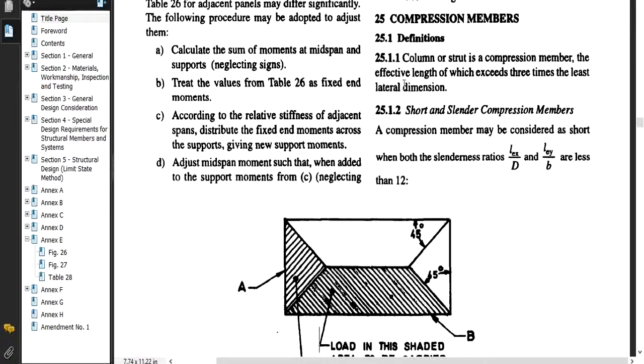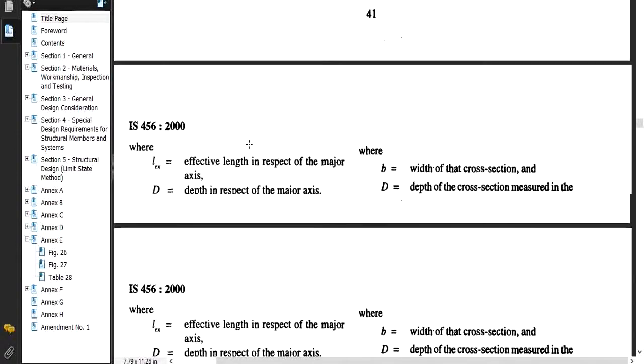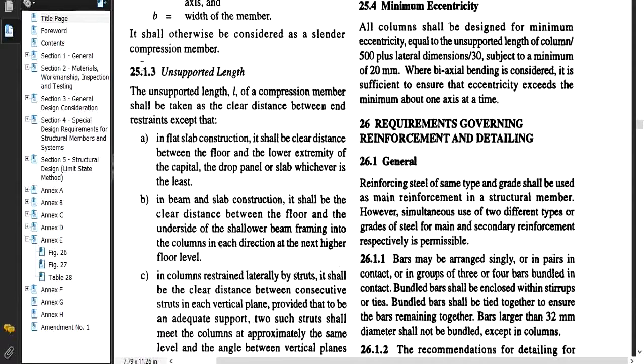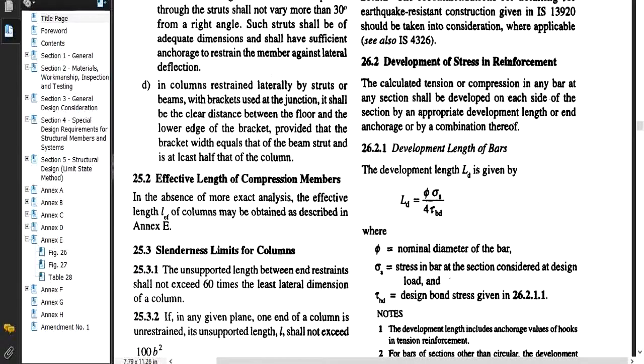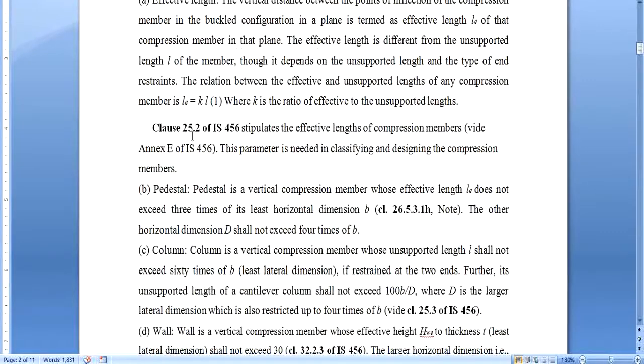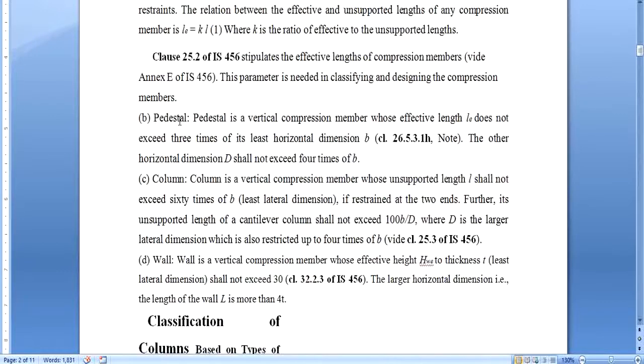You can see compression members, the definition of compression member they have given. For unsupported length the clause is 25.1.3 and for effective length the clause is 25.2. IS 456 clause 25.2 stipulates the effective length of compression members. It has been widely explained in Annexure E, which I have opened, that is Table 28.